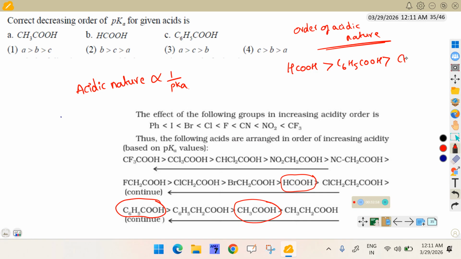Finally CH3COOH. So the order of acidic nature is B greater than C greater than A. We know that pKa order is inversely proportional to acidic nature order. So A greater than C greater than B.